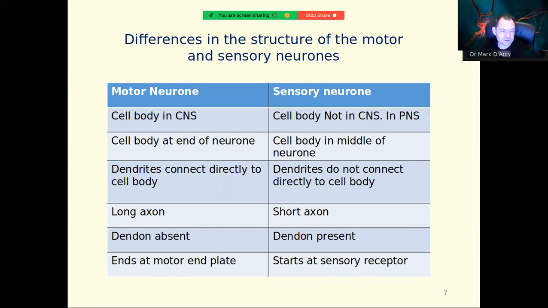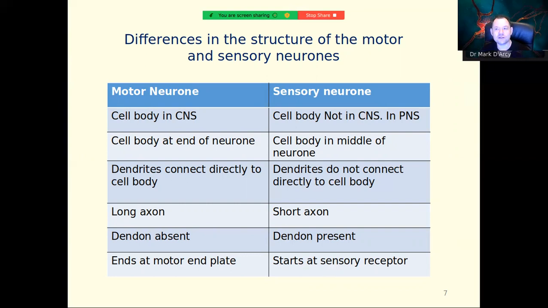Now, in motor neurons, the cell body is in the central nervous system with the axon leaving it. In sensory neurons, the cell body is not in the central nervous system, it's in the peripheral nervous system. Motor neurons, the cell body is at the end of the neuron. Sensory neuron, the cell body is in the middle of the neuron. Motor neuron, the dendrites connect directly to the cell body. Sensory neurons, the dendrites do not connect directly to the cell body.